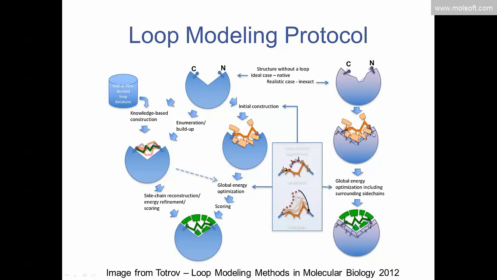You need some way of modeling the loop as well as the region around the terminals of your C and N region. So you want to be able to incorporate some flexibility here and here when you're modeling. That's all included in the ab initio method that we have.